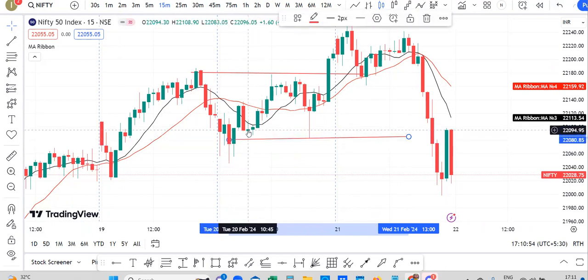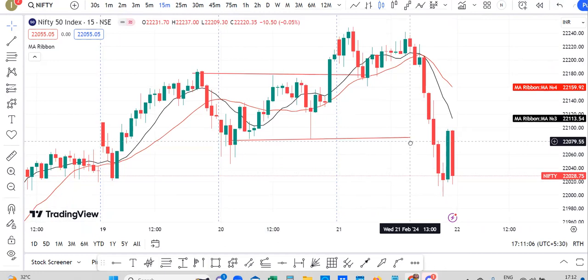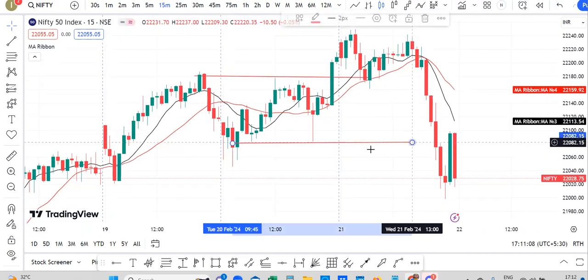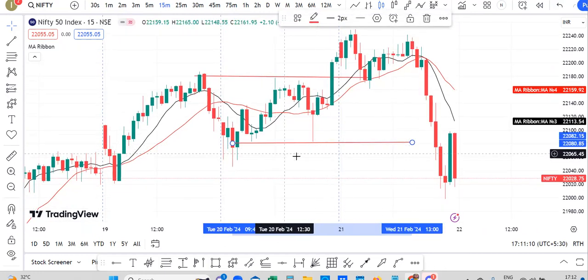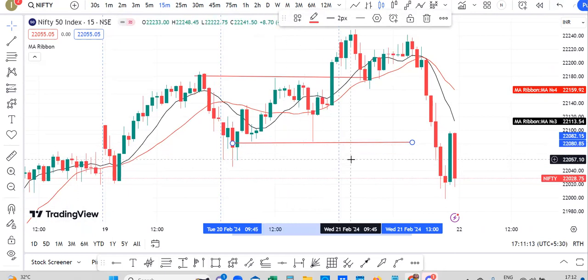You can see, if I place the cursor, 22,083.05 and 22,083.05, exact equal low. So when the market makes an equal low, there are plenty of stop losses there. Liquidity grab.